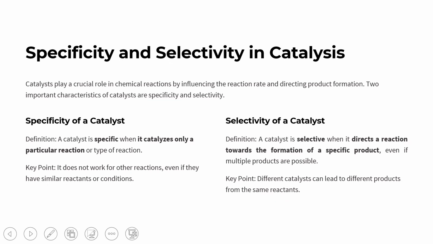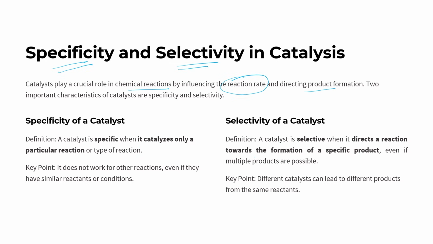Now, let us explore the next important property of catalysis. The two crucial properties of catalysis are specificity and selectivity. As discussed in the earlier slide, a catalyst plays a very crucial role in a chemical reaction by influencing the rate of a chemical reaction and directing the product formation.